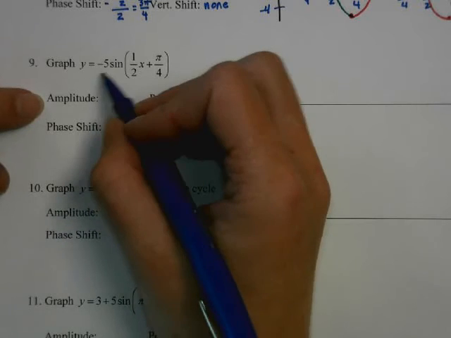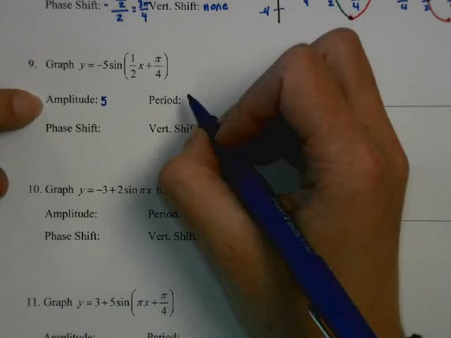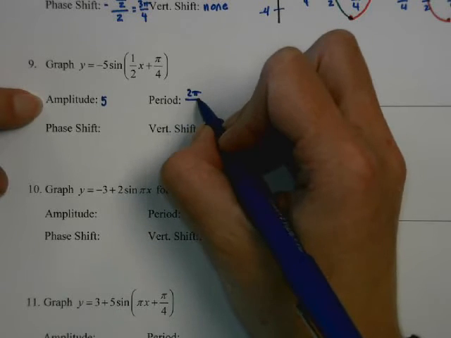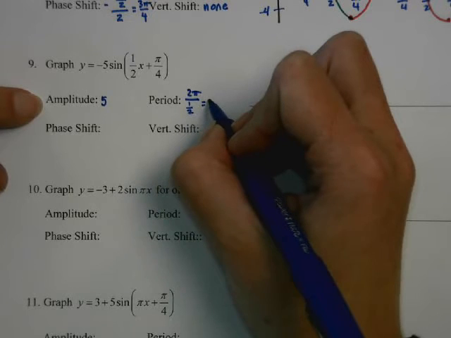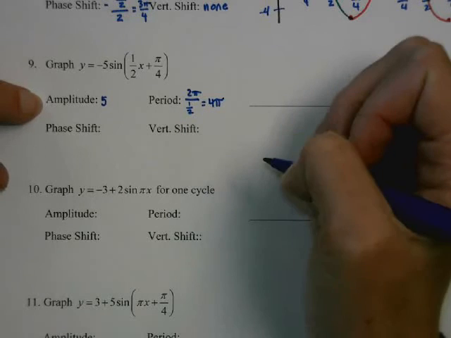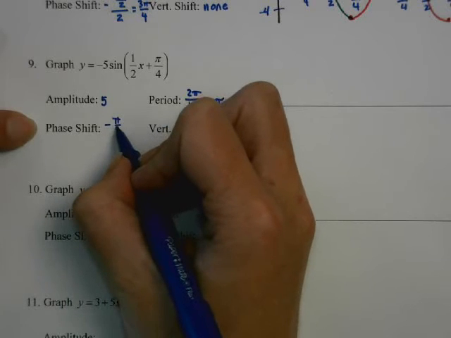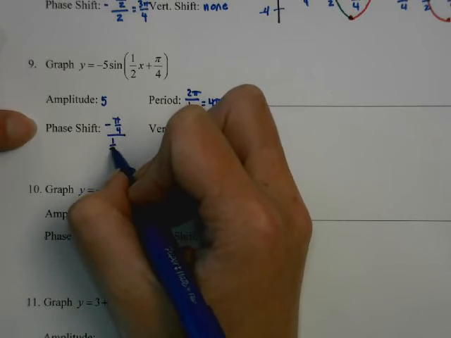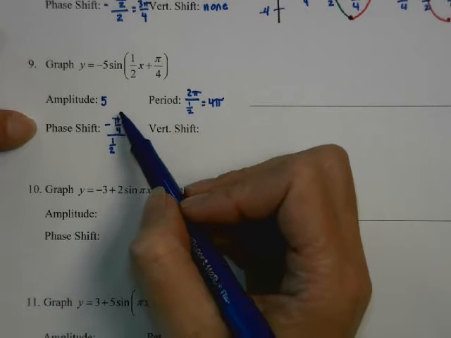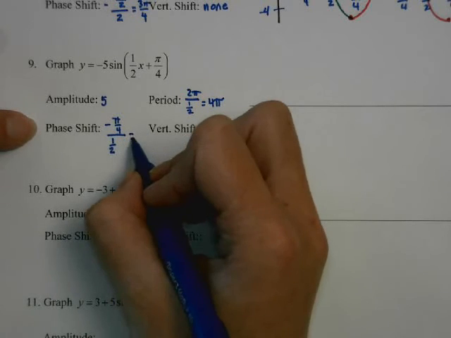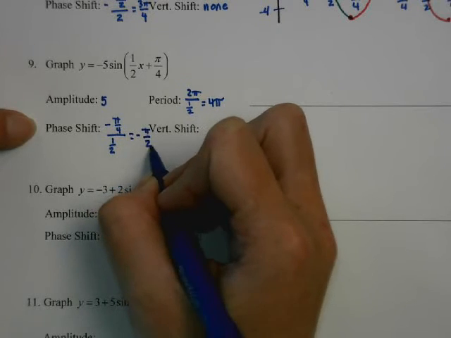Okay, so these just take practice. Our amplitude is 5. Our period is 2 pi divided by 1/2, which is going to be 4 pi. We have a phase shift of negative pi over 4 over 1/2, which is the same as negative pi over 4 times 2, which is going to be negative pi over 2.